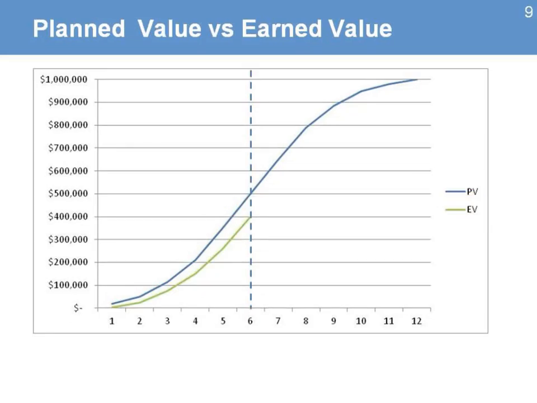But when I look at earned value, here in the green line, we can see that it is below what we planned, meaning many things in terms of how we can use that information to help us understand where the project is in terms of its budget.